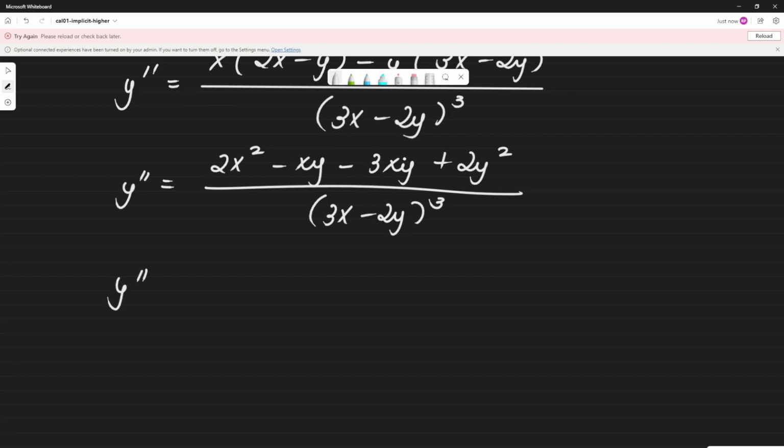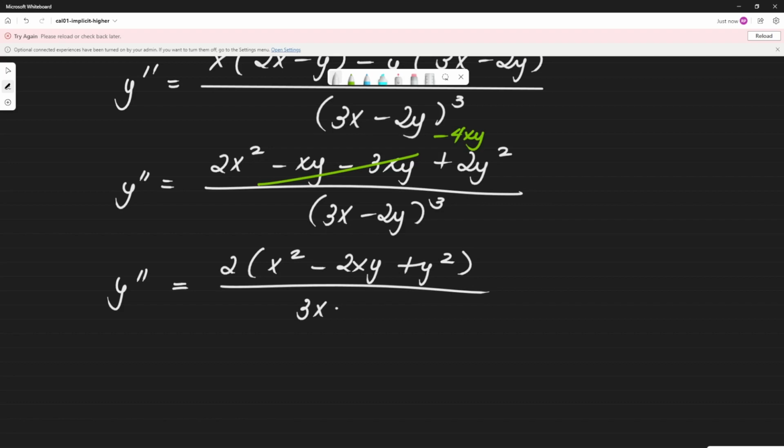Tapos, pagsamahin na lang natin, this one will give us negative 4xy. At kung mapapansin ninyo, pwede tayo mag-factor out ng 2 and this will become a perfect square. Actually, perfect square trinomial naman na talaga siya. So, para mas madali, factor out natin yung 2. So, we have 2 times x squared minus 2xy plus y squared, all over 3x minus 2y quantity cube.